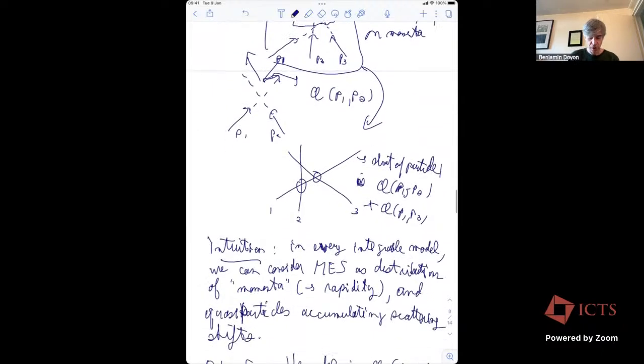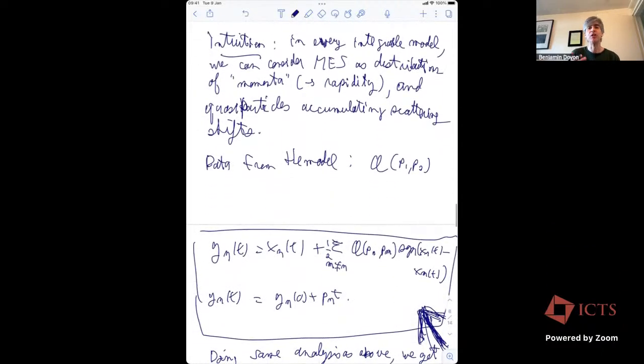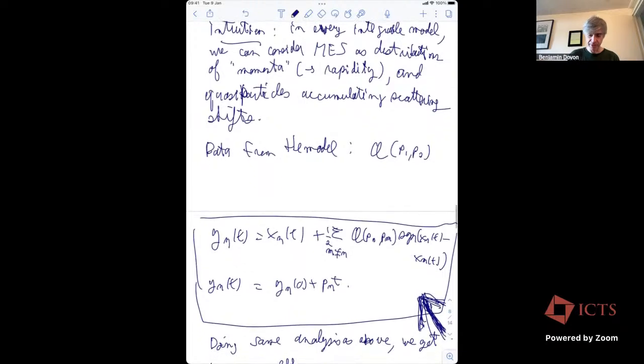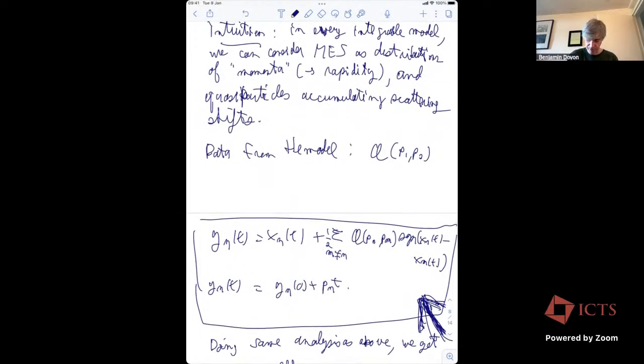So this is scattering theory, and that gives rise to an intuition for how to describe many-body integrable systems. The intuition tells us that this is the equation. That equation describes with quite good accuracy the positions of these quasi-particles as they go along within a gas.